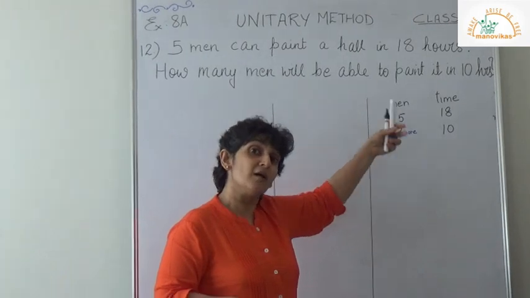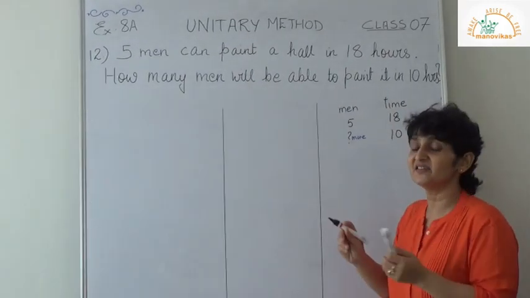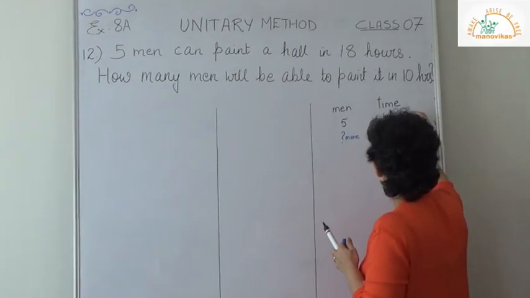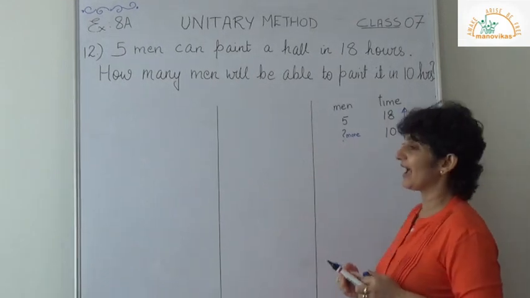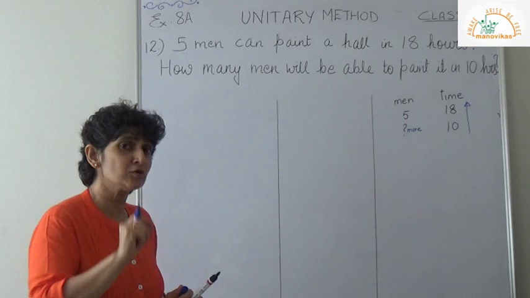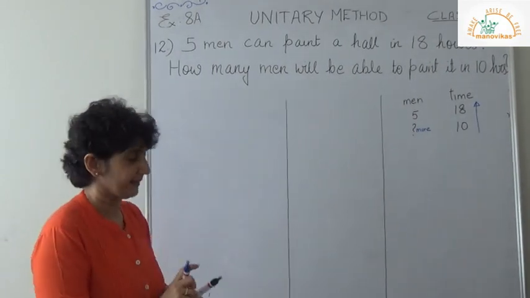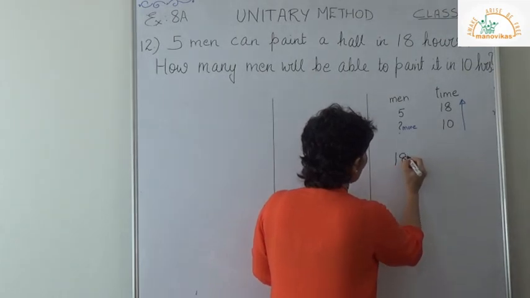This is becoming more, right? So this is called inverse proportion. So when I write inverse proportion, I put my arrow like this, upwards. We don't do cross multiply. So now I write it this way.